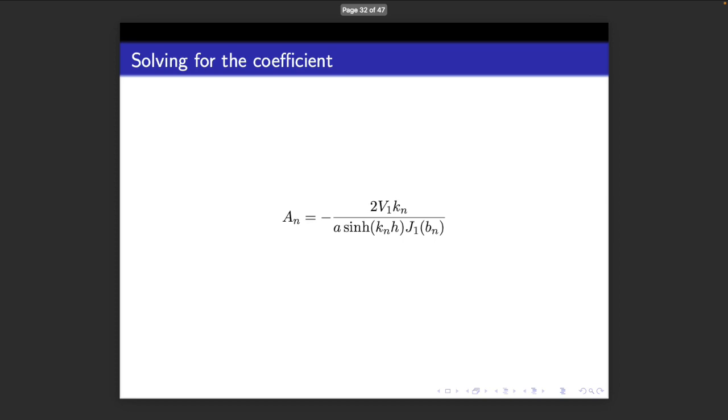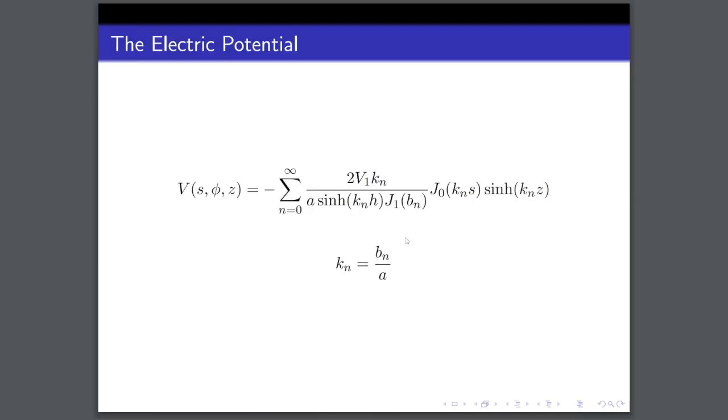So a sub n has to be this. We can then plug that back in, and we'll find that our overall potential function now looks like this once we've put a sub n back in, and where b sub n is k sub n a.